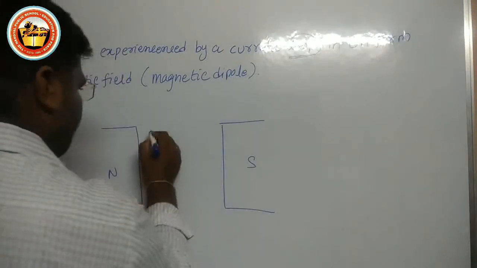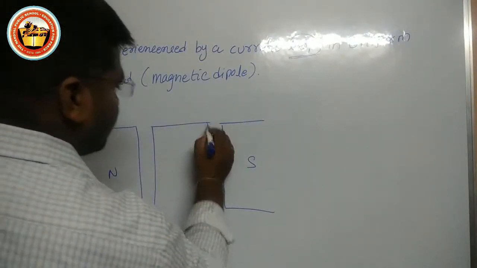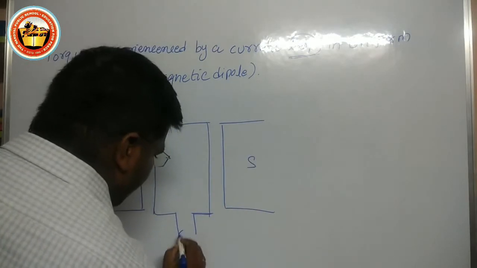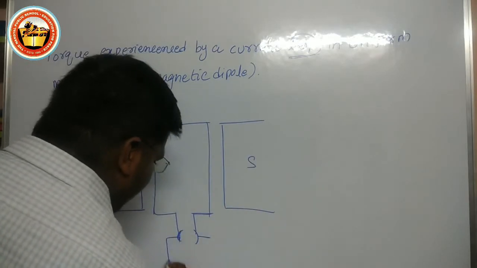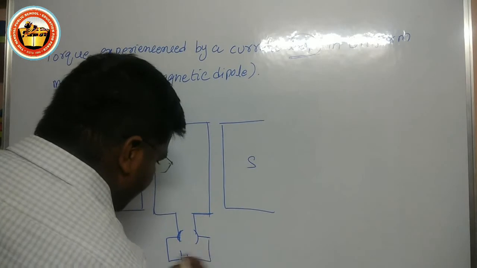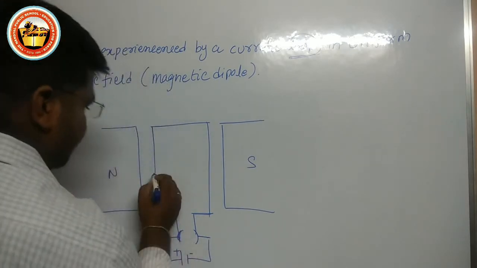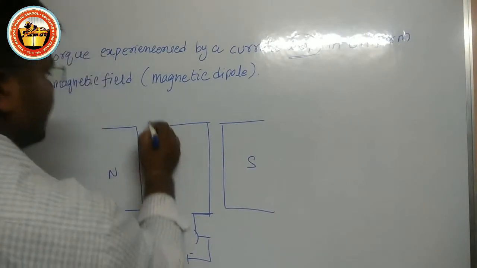Consider a current loop with split rings, through which we can send current from the battery. The current passes in this way through the coil ABCD.